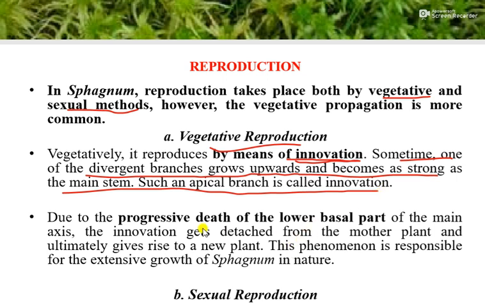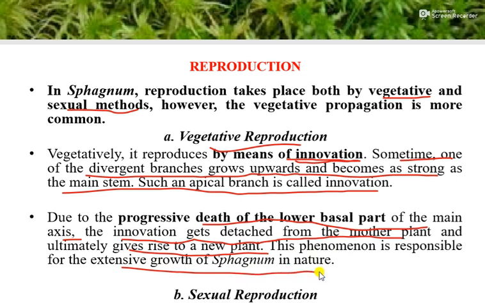Due to the progressive death of the lower basal part of the main axis, the lower part will slowly die out. As a result, the innovation that is formed will get detached from the mother plant and ultimately give rise to a new plant. And this phenomenon is responsible for the extensive growth of sphagnum in nature.